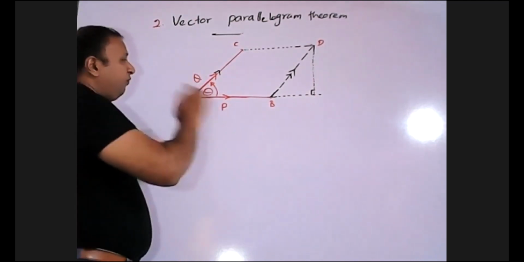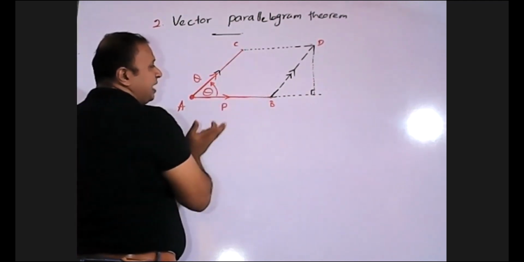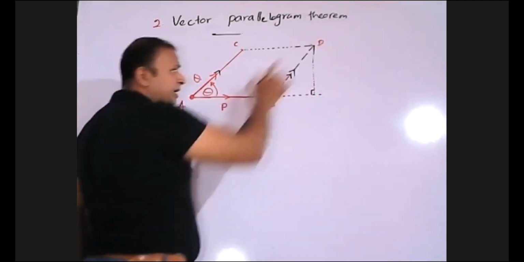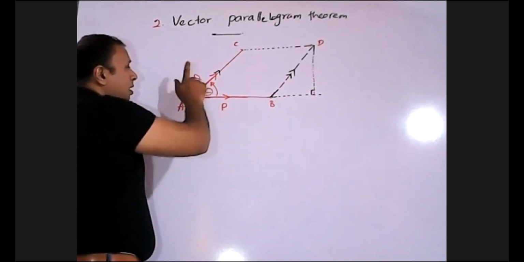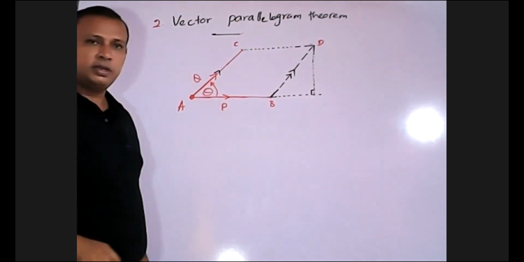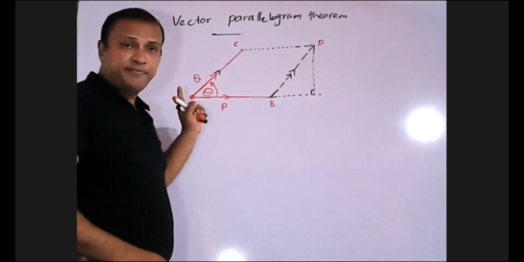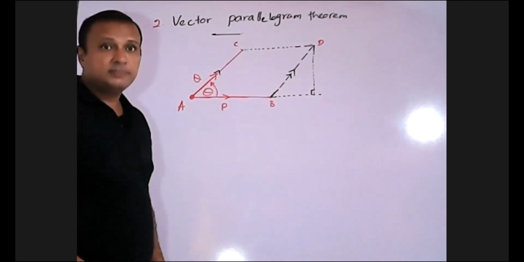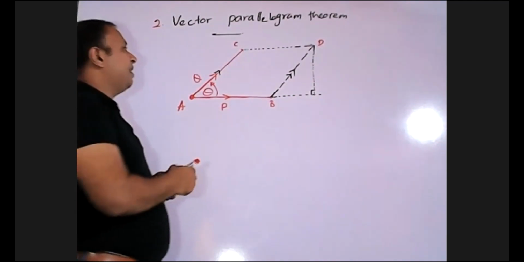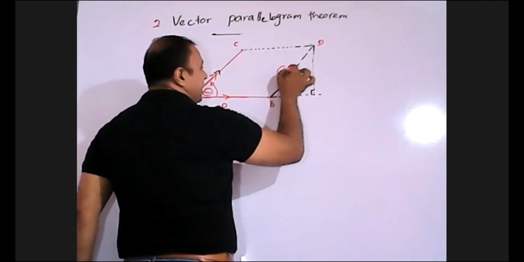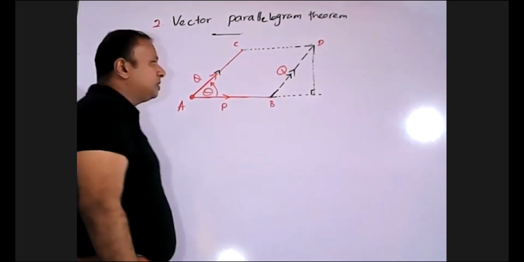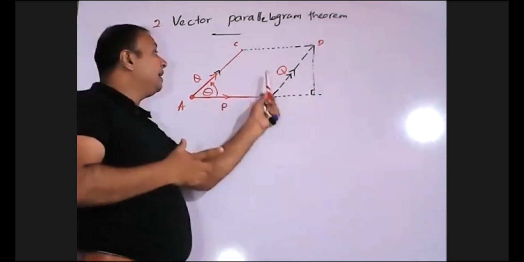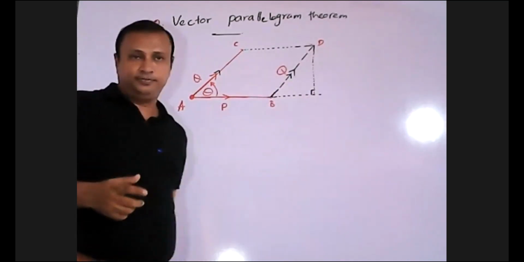Therefore, if we consider the direction and magnitude of the BD vector, it should be equal to Q. Therefore, the BD vector is equal to the AC vector. So I can consider this as the Q vector. This is not the Q vector itself, this is an equal vector for Q.